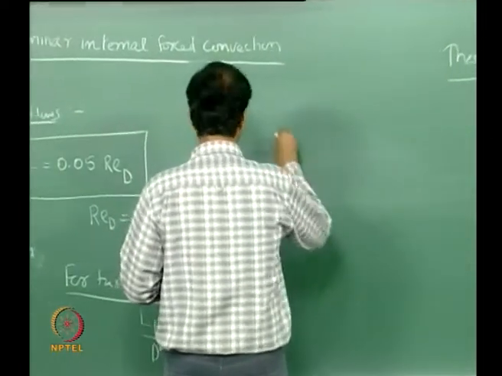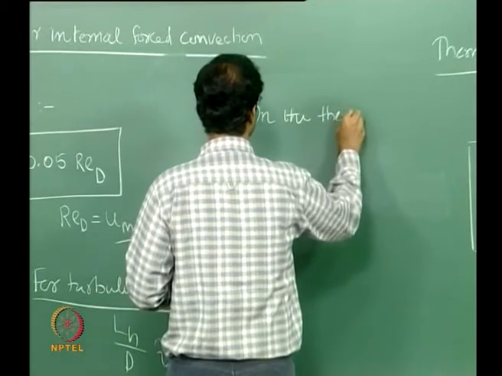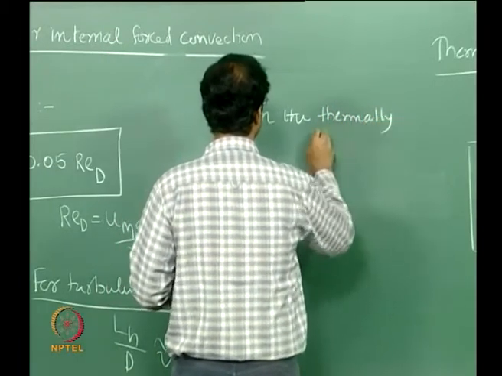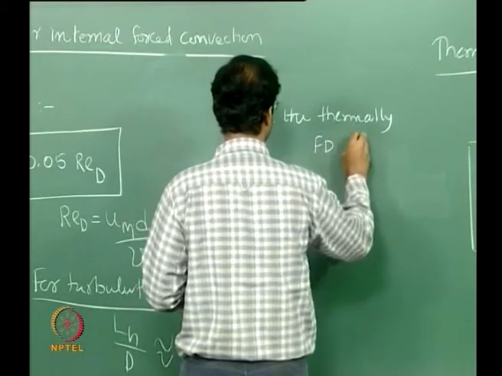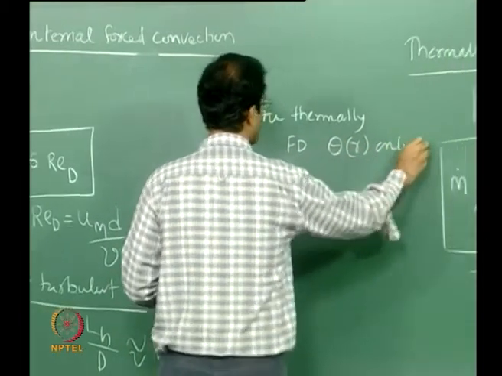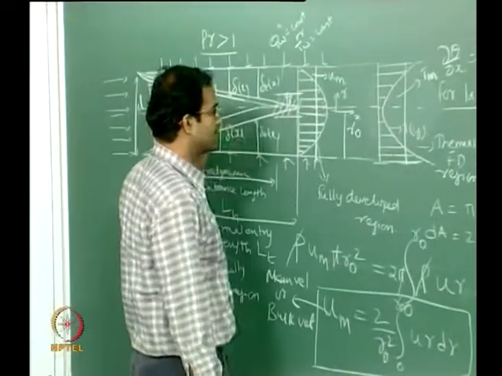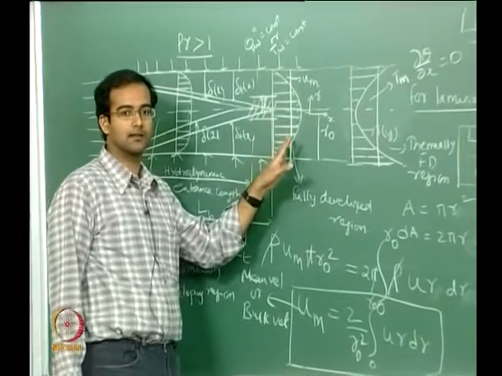So therefore in the thermally fully developed region, my theta is a function of r only, whereas in the thermally developing region here, the thermal entrance length region, my theta is a function of both x and r.